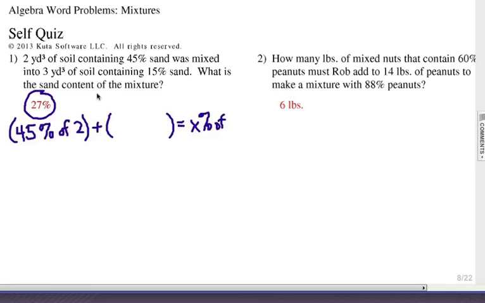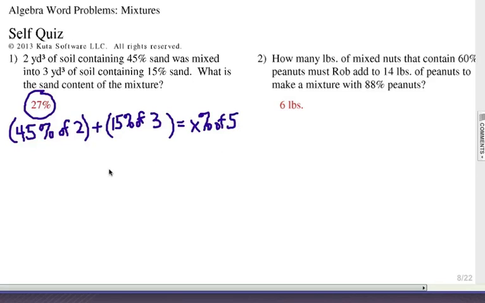So what we're really doing is adding the actual sand amount in the first bag, which is 45% of 2 cubic yards, to 15% of the 3 yards, to give us an unknown percent mixture of sand out of the total. Now we have 2 and 3 will make a total of 5 cubic yards, right?